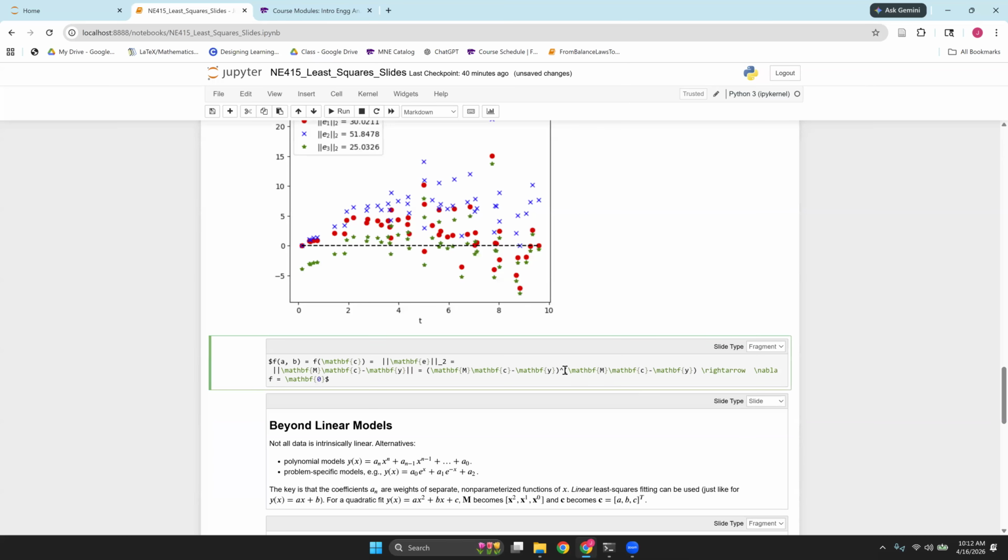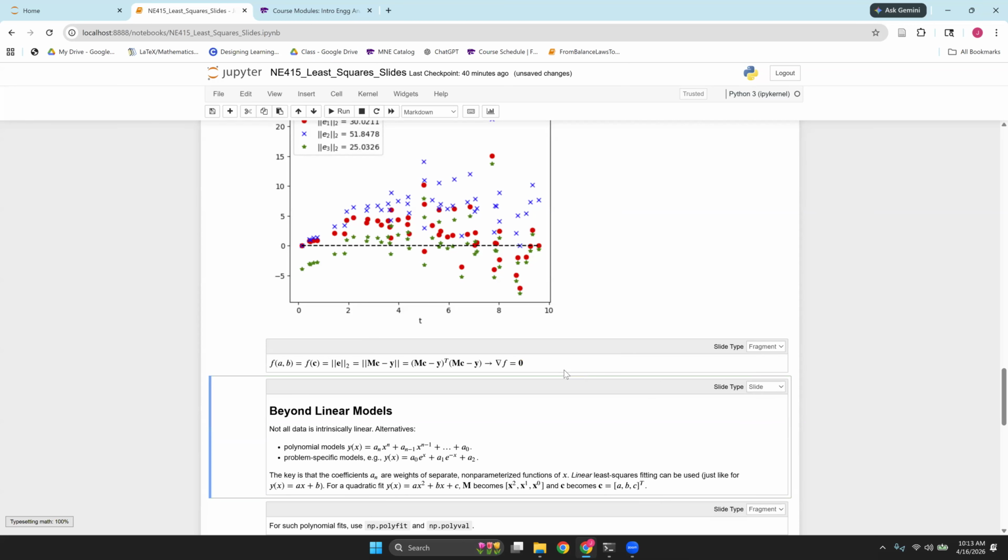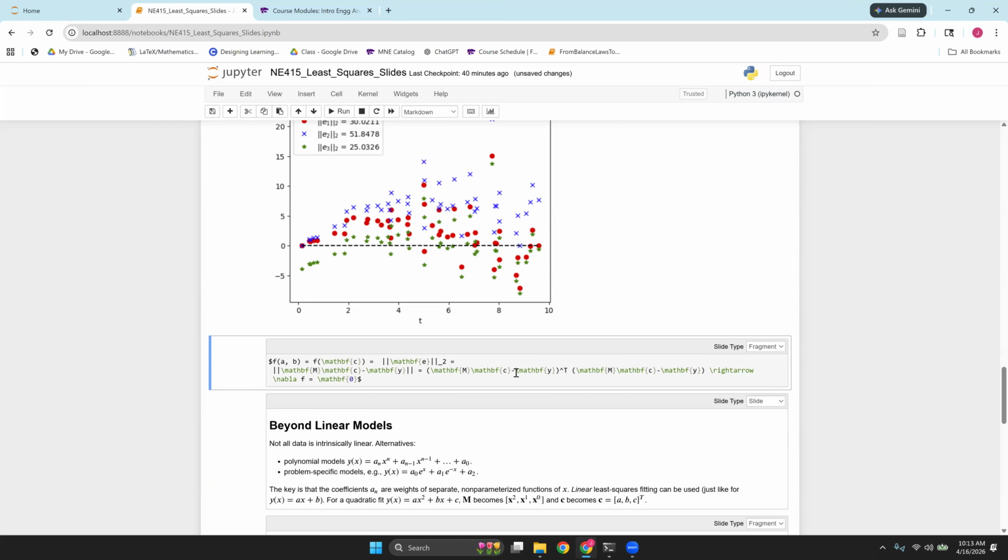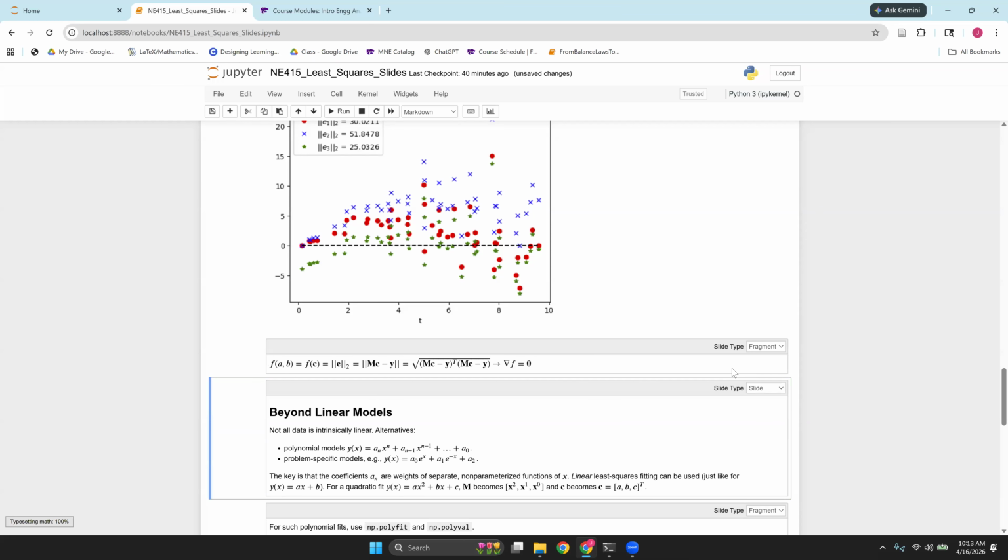Sorry, I have to put the square root. So the objective function is f of AB, which is equivalently f of C, which equivalently is the L2 norm of the error, which is equivalently the L2 norm of the design matrix times C minus Y, which is equivalently the square root of MC minus Y transpose with itself.